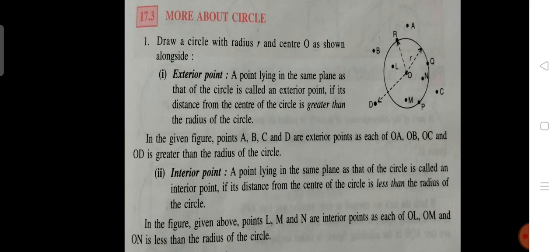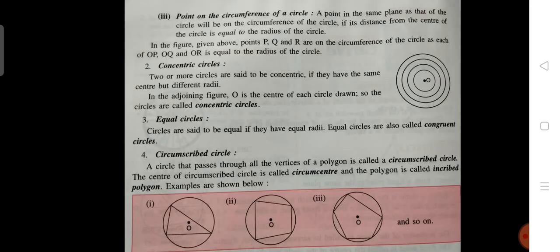And next is concentric circles. Two or more circles are said to be concentric if they have the same center but different radii. In the adjoining figure, O is the center, and each circle is drawn around it, so they are concentric circles. Concentric circles means same center but different radii.